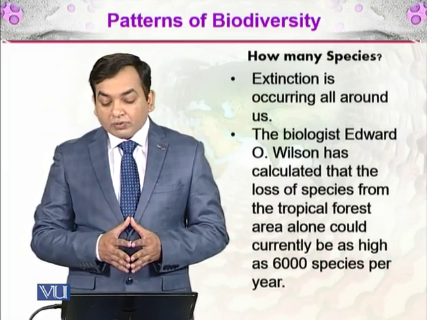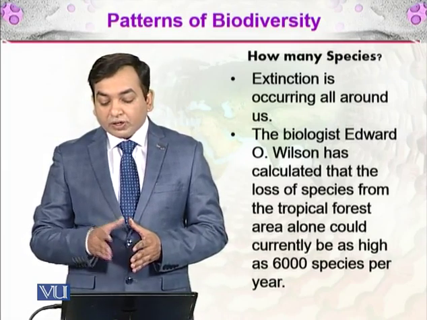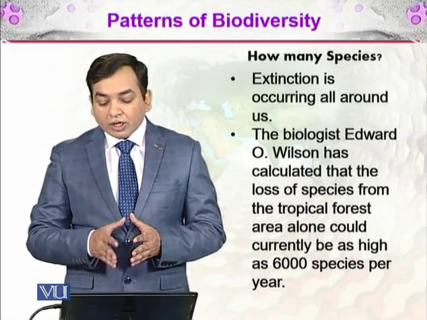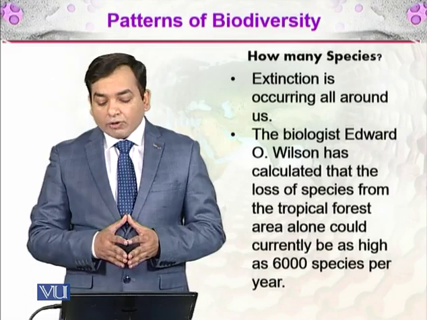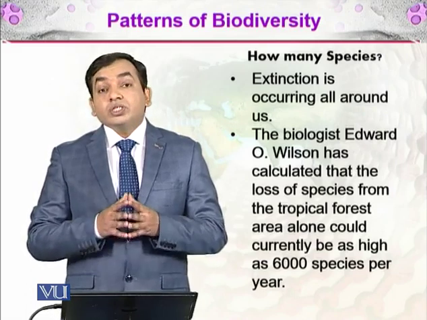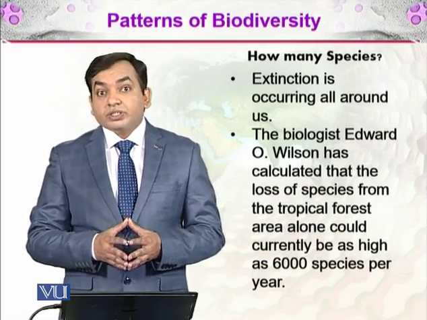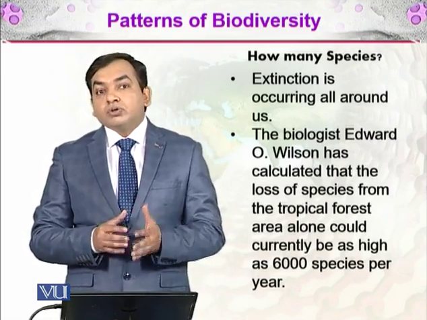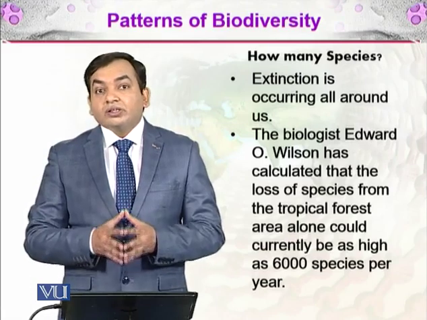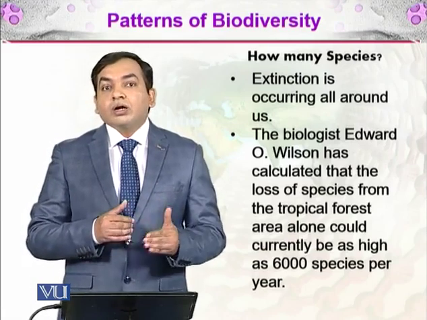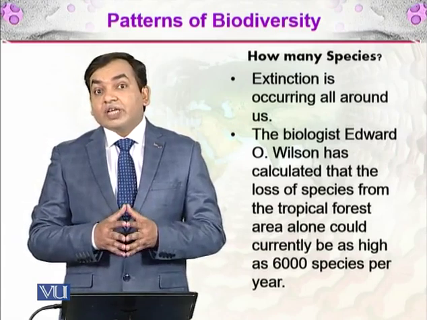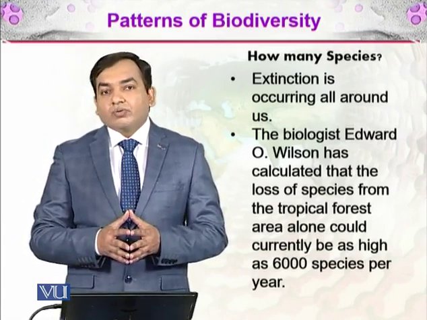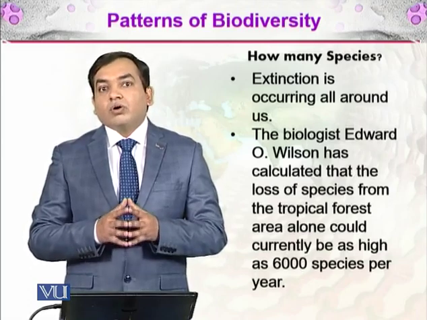The biologist Edward O. Wilson has calculated that loss of species from the tropical forest area alone could currently be as high as 6,000 species per year. This is a large number of species that we are losing on a yearly basis, and due to this large number getting extinct, we cannot assess the correct biodiversity of the environment or an area.